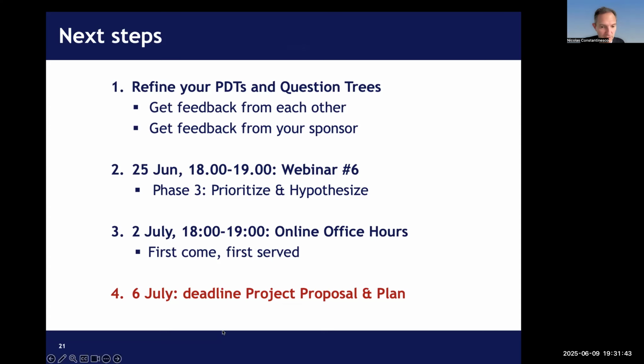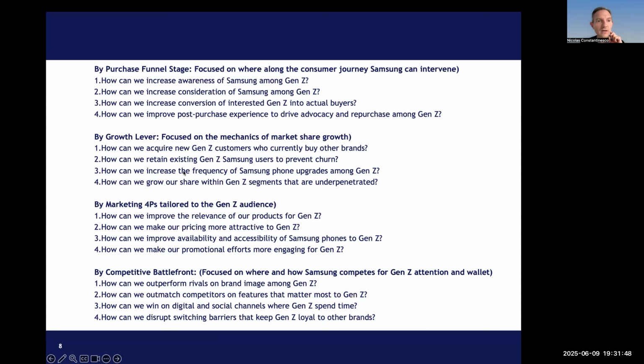Just like here, if I go back to the feedback, this was the question: how can we increase our market share with Gen Z on the Samsung products? Here we have 4 different question trees, but all for the same question.